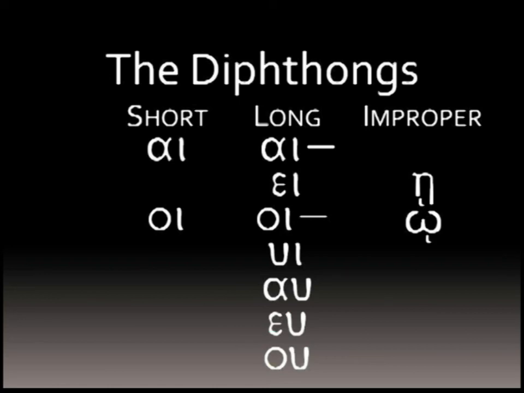A little song that will help you remember the diphthongs, and we're only looking at the long column here, 7 diphthongs in that column. I'll sing it through several times and you can start singing it with me or play this video over again and sing it through several more times until you have them memorized.